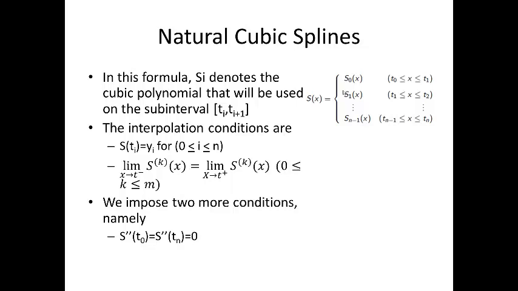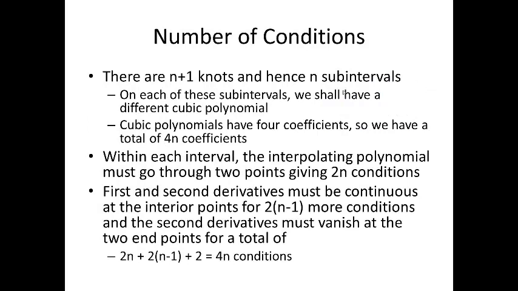So let's take a look at the number of conditions. There are n plus 1 knots in these cubic splines, and hence n subintervals. On each of these subintervals, we have a different cubic polynomial. Cubic polynomials have 4 coefficients, so we have a total of 4n coefficients. Now, within each subinterval, the interpolating polynomial must go through 2 points, which gives 2n conditions.